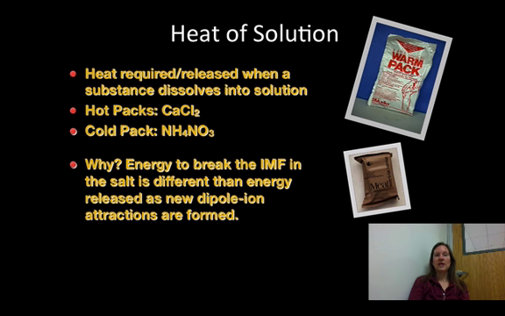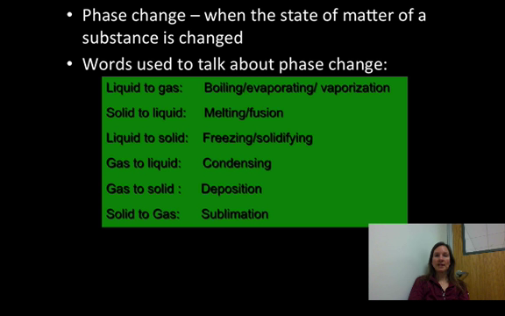So there's heat energy associated with that change of the attraction between the ionic compound versus the attraction between the ion dipole. So sometimes they get hot, sometimes they get cold, depending on that difference. But you can have also a delta H of solution where the process here is dissolving instead of a chemical reaction. The other delta H we can have is a delta H of a phase change.